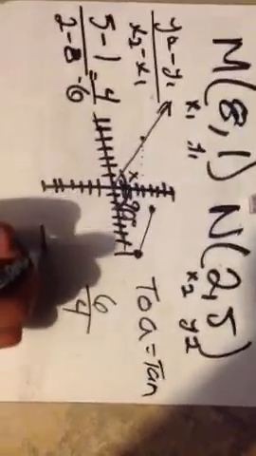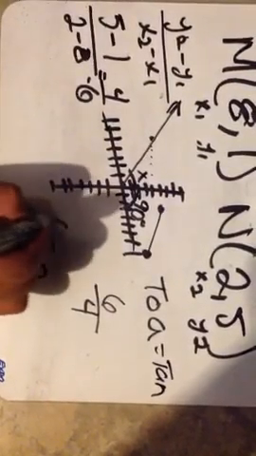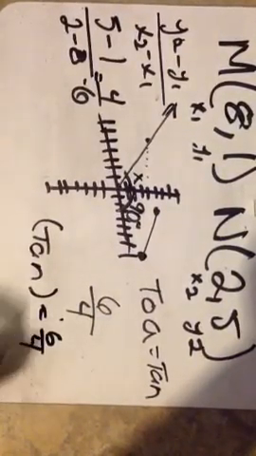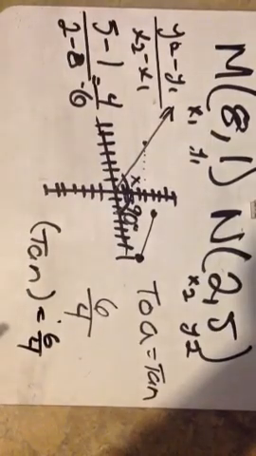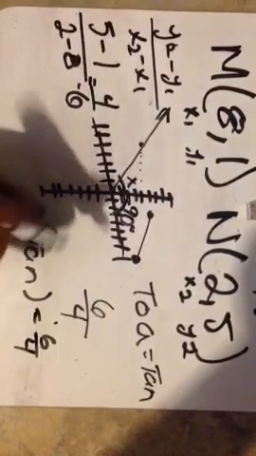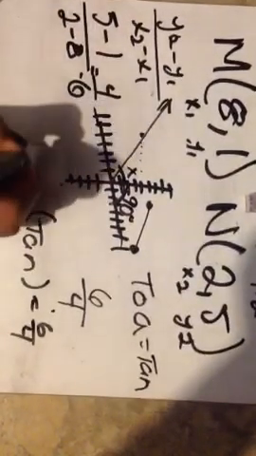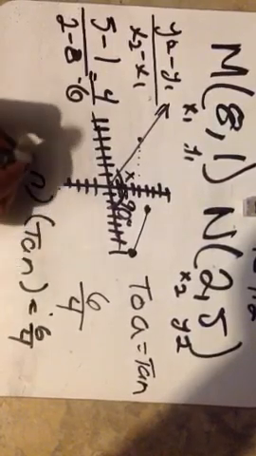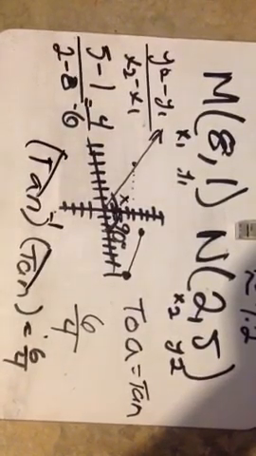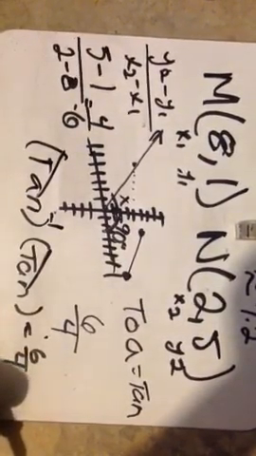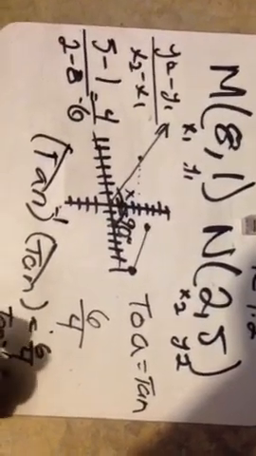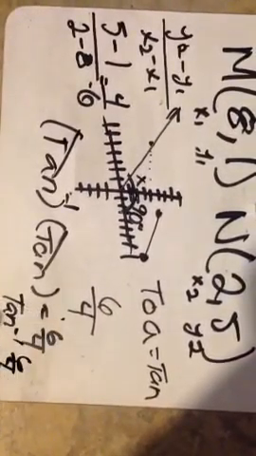So it's going to be tan x equals 6 over 4. To cancel tan, we have to use inverse tan. Whatever you do on one side, you have to do on the other side. So we're going to put tan negative 1 of 6 over 4.